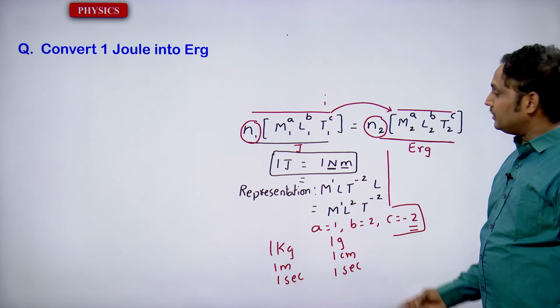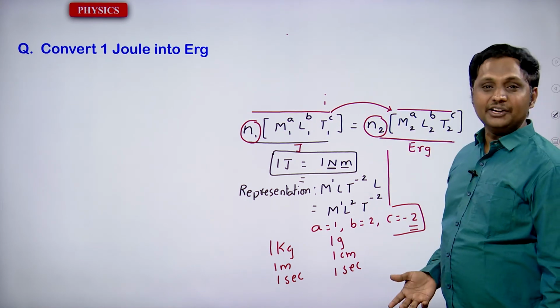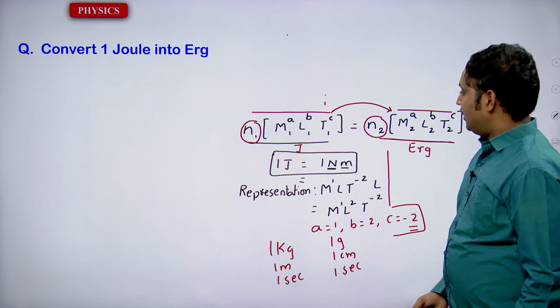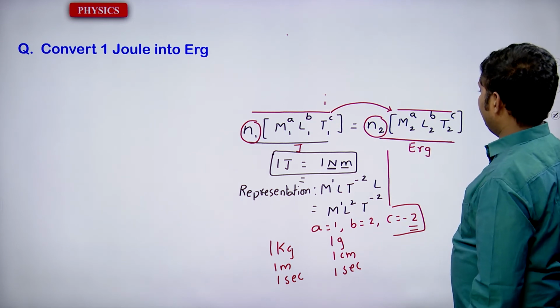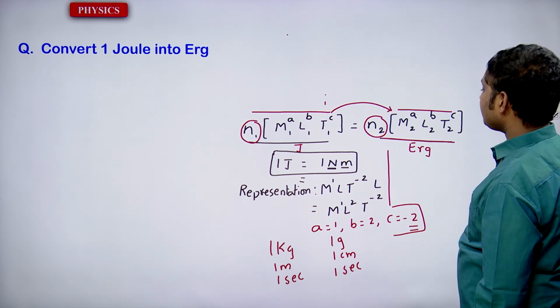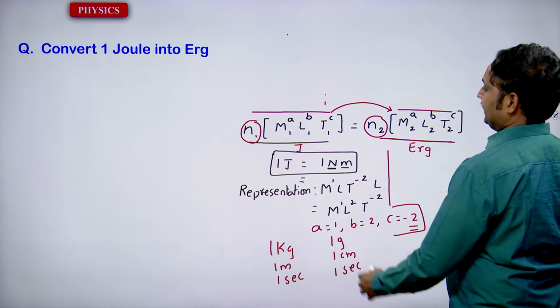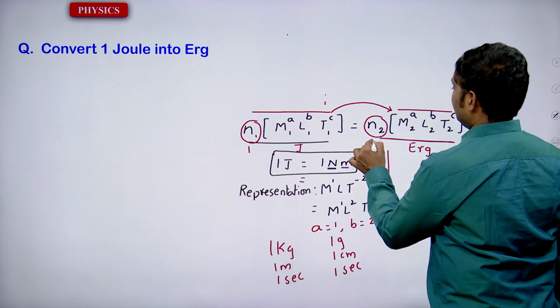Have you got this point? Now we would like to go for that calculation part. Okay, this is going to be identified. You will get n1 is equal to 1, n2 is equal to question mark.